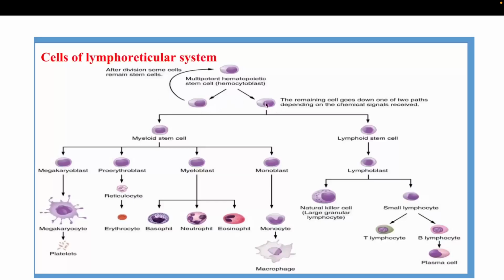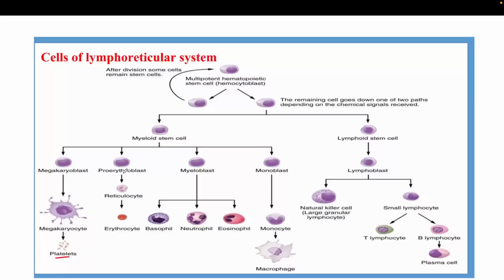Then, when it divides further through the signal, it can create two types of cells. The first one is the myeloid stem cell and the other is the lymphoid stem cell. The myeloid stem cell produces megakaryoblast, proerythroblast, myeloblast and monoblast. From the megakaryoblast, indirectly, it will give you the platelets.